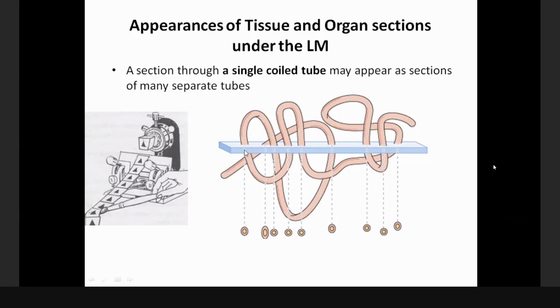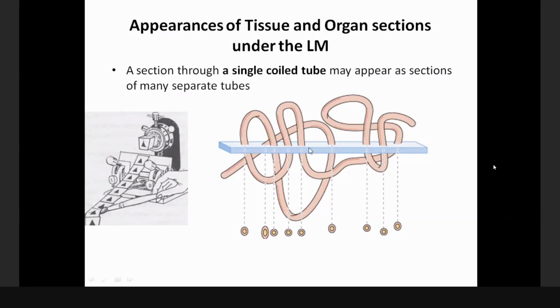It is more coiled. So one section, which may cut this coiled tubular organ along this plane, could give you, look at this, several tubular cross-sections. So you see all this, which appear different and many and of different sizes and shapes, may belong to sections of one same organ.